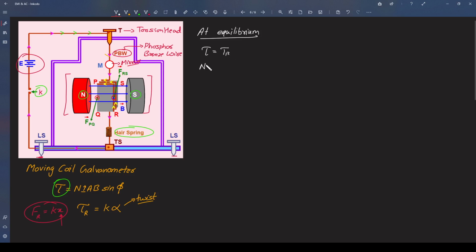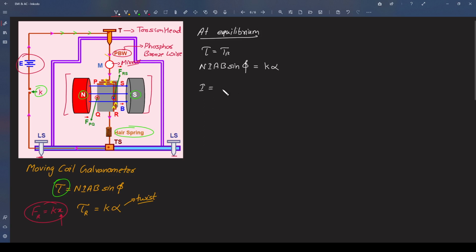That means NIAB sine phi, let's say that is the angle, sine phi will be equal to K alpha, where alpha is the twist. So from this, we can easily say whether current is there or not.